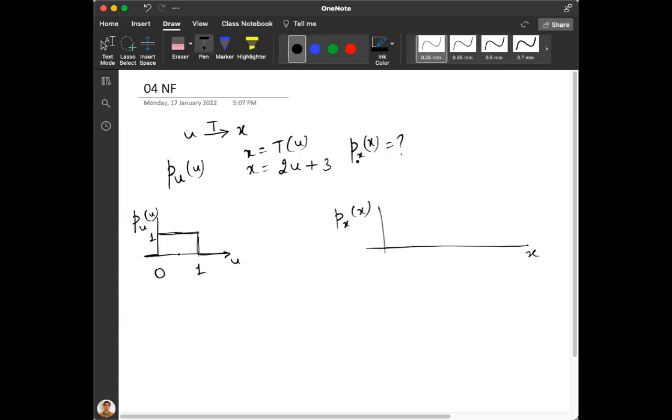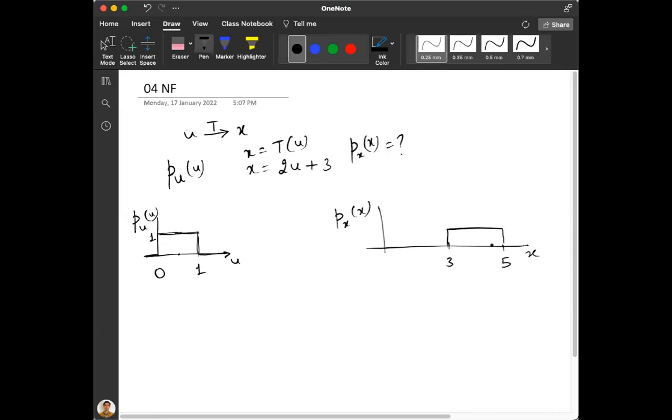So how will my p_x(x) look? The distribution will now start from 3 and end at 5, and it will remain uniform.